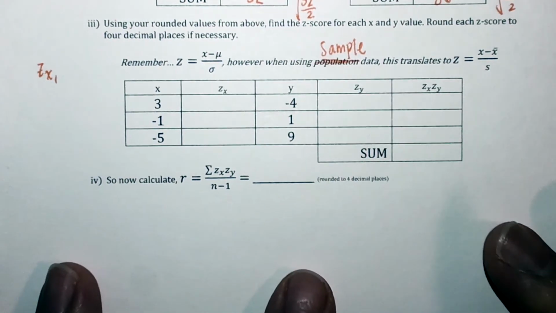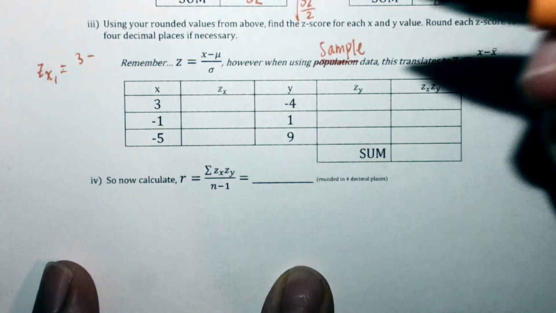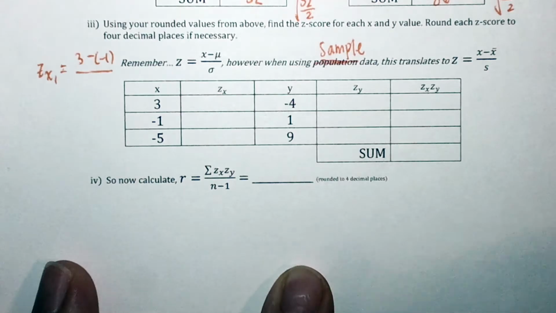Z of X1 is the X value 3 minus the mean. In this case, our X bar, remember, is -1. Then over the standard deviation, which is 4.